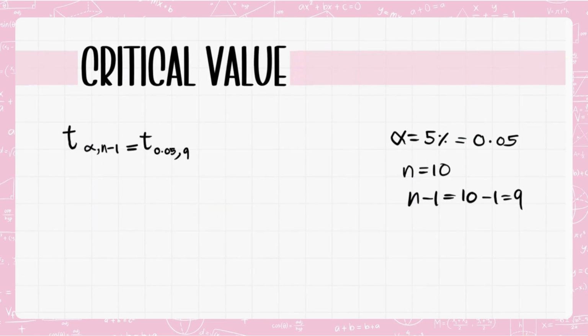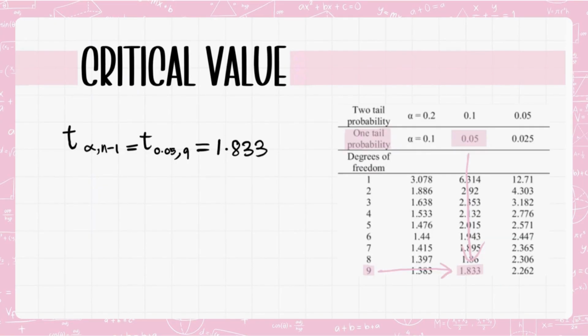Now we need to find the critical value. So here we already know what alpha is, and n minus 1 is 10 minus 1, which is 9. So for this we need to use a t-test table. So here 9 is your degrees of freedom and 0.05 is your alpha value.